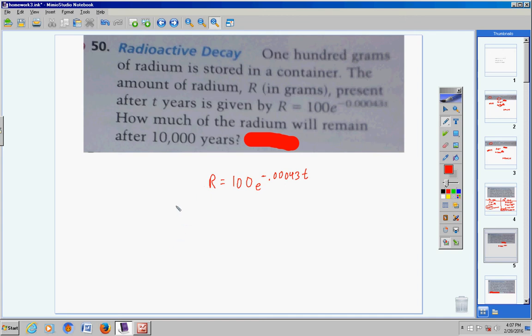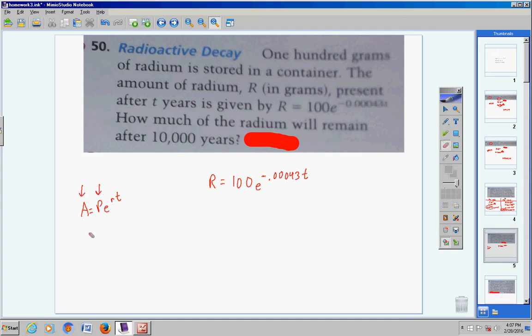Now, I want to see how well you guys are really grasping exponential functions. Remember, we always say this is your ending amount over here, this is your starting amount right here. You did not need to know this to do the problem, but because there's 100 right here, that's like your A equals P E to the RT when we're talking about compounding continuously. I keep telling you this is your ending number, this is your starting number.